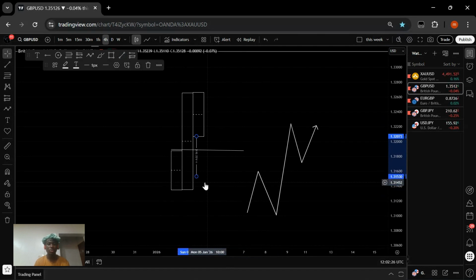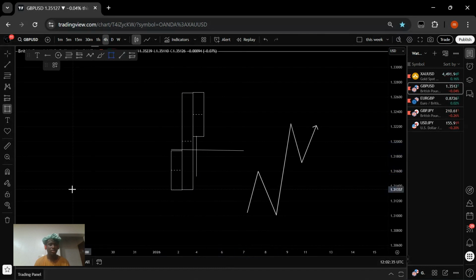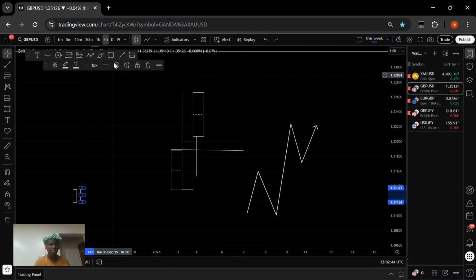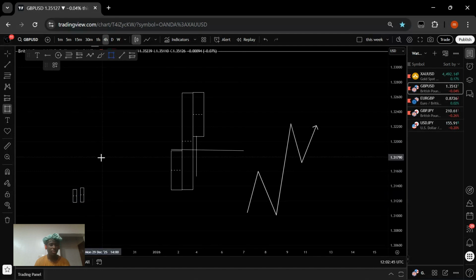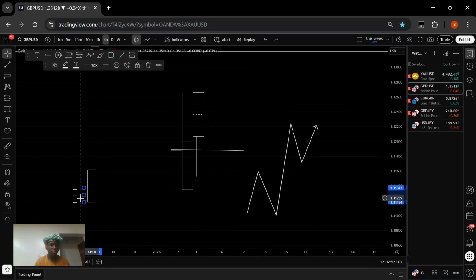Nine out of 10 times, whenever it closes below this particular side of it, what you will see on the lower time frame is mostly something like this. I'm not really the best drawer, I think I've said that in my previous videos. Give me a second. It's most of the time going to look like this, and sometimes like this.